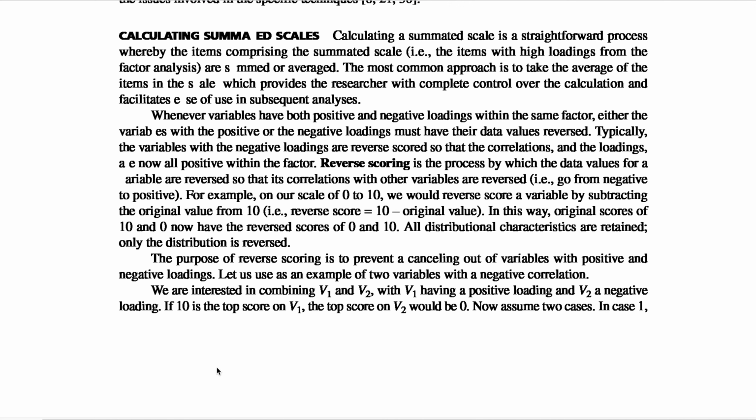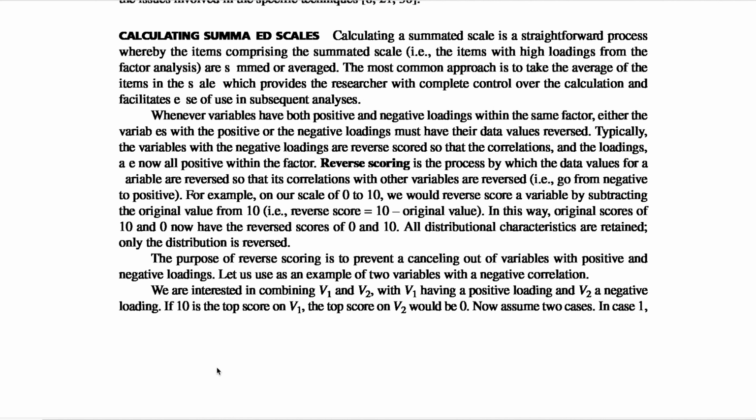Reverse scoring is the process by which the data values for a variable are reversed so that the correlations with other variables are reversed, that is, go from negative to positive. For example, on a scale of 0 to 10, we would reverse score a variable by subtracting the original value from 10, that is, reverse score equals 10 minus the original value.